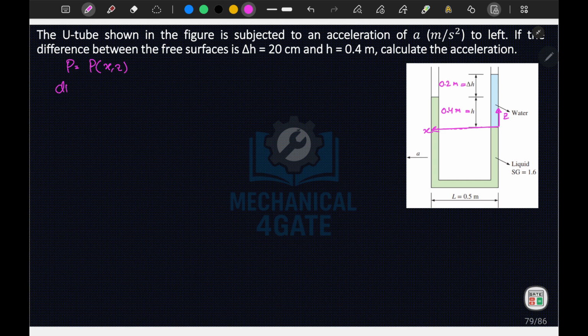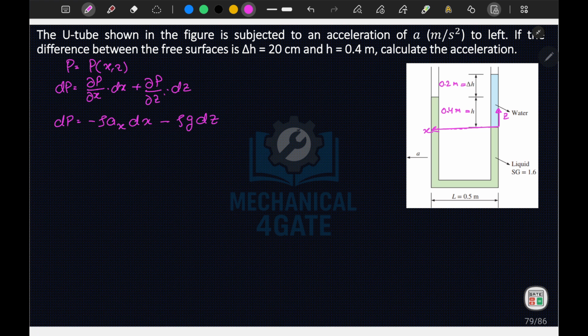So dp is equal to del p by del x times dx plus del p by del z times dz. Now dp by dx is equal to minus rho a x, times dx, and dp by dz is equal to minus rho g. Now g effective is equal to g here, times dz.